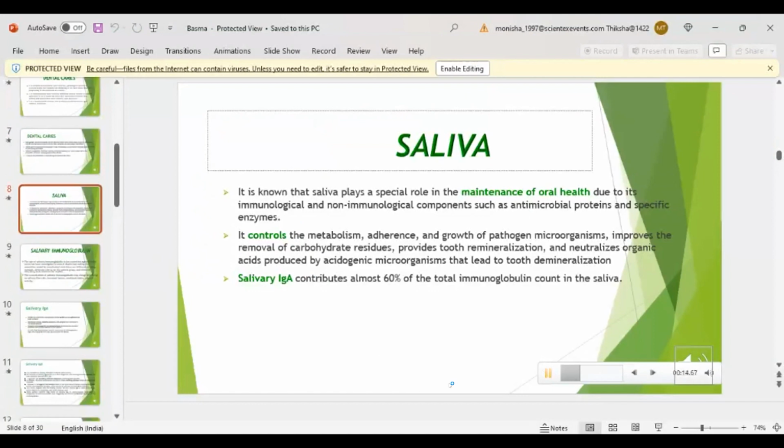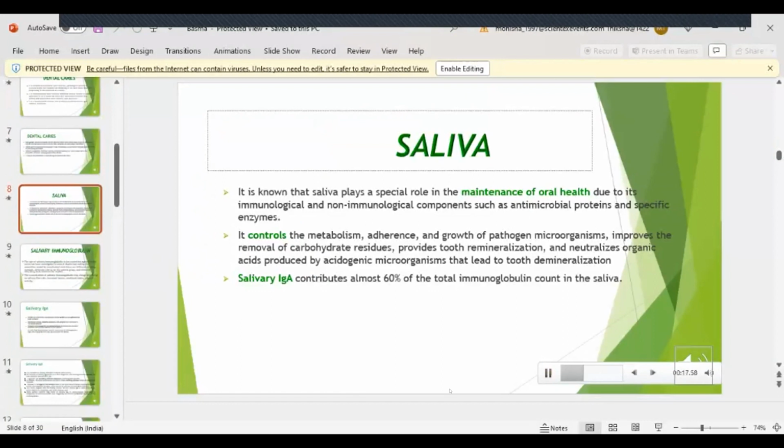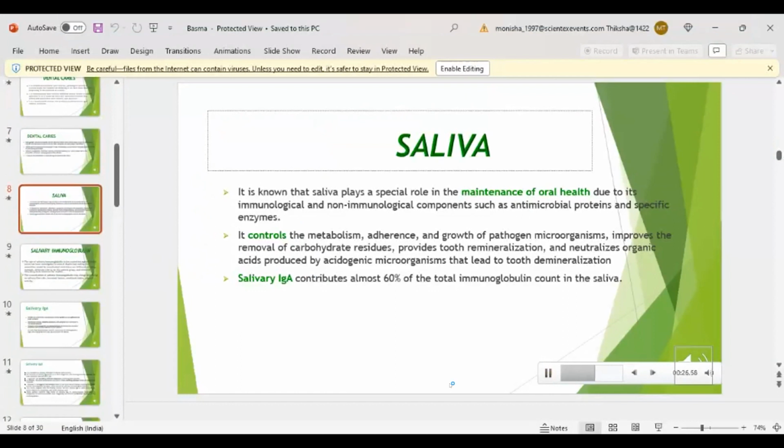It controls the metabolism, adherence, and growth of pathogens, improves the removal of carbohydrate residue, provides tooth remineralization, and neutralizes organic acid produced by acidogenic microorganisms that may lead to tooth demineralization. So the salivary IgA contributes almost 60% of the total immunoglobulin count of the saliva.